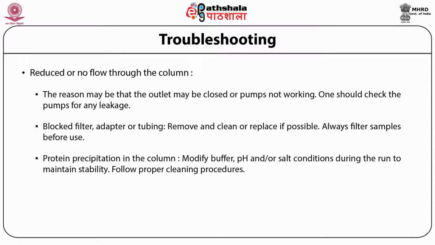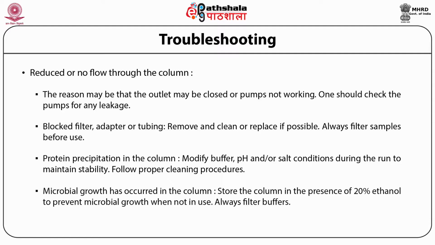Another reason could be microbial growth in the column. For this, the column needs to be stored in the presence of 20% ethanol so that microbial growth is prevented when the columns are not in use. And again, the buffers which are to be used should always be filtered prior to their use.